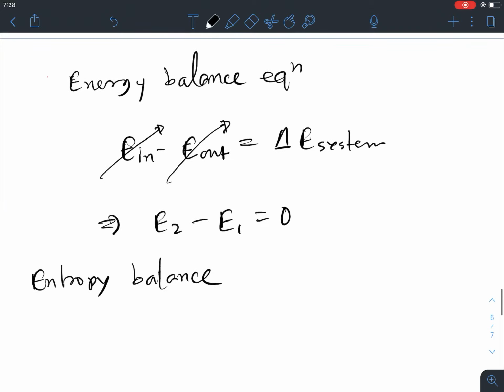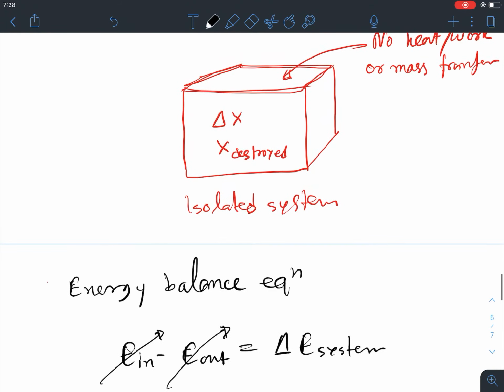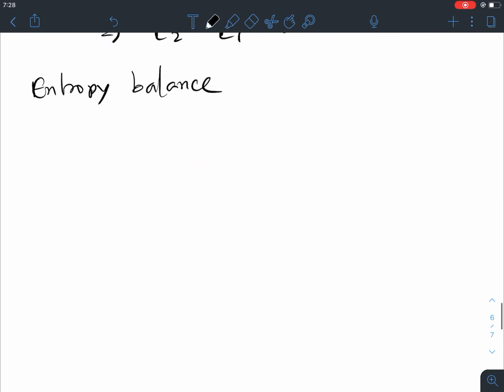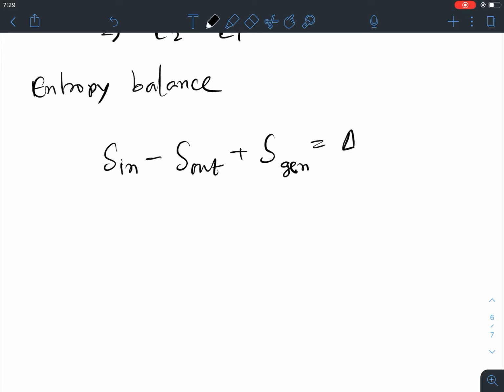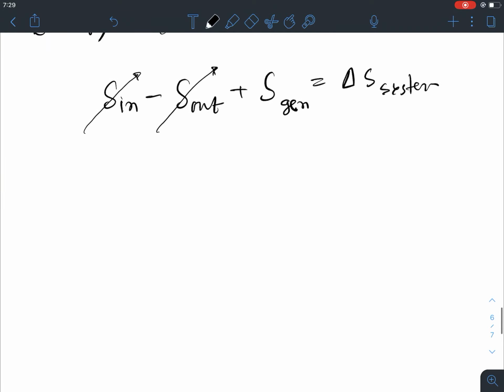Now from the entropy balance, if it is an isolated system, then the entropy balance is S in minus S out, right, plus entropy generation. For every thermodynamic system we saw entropy generated, and then the change in entropy of that system.